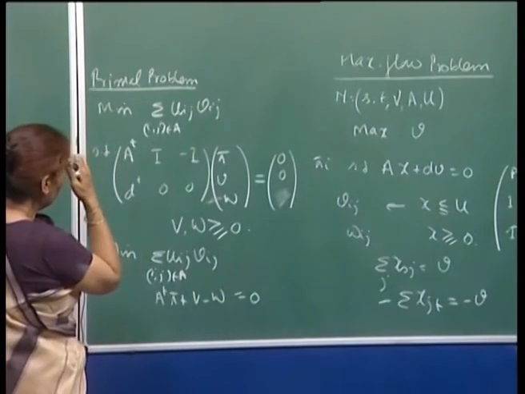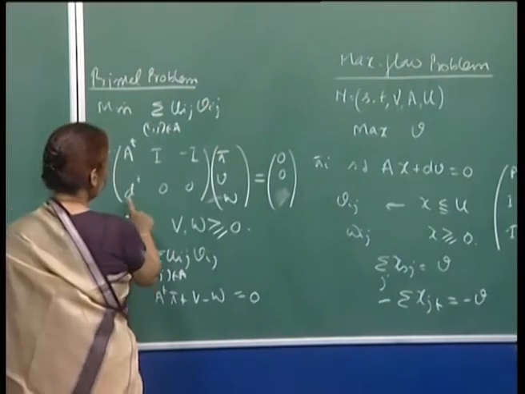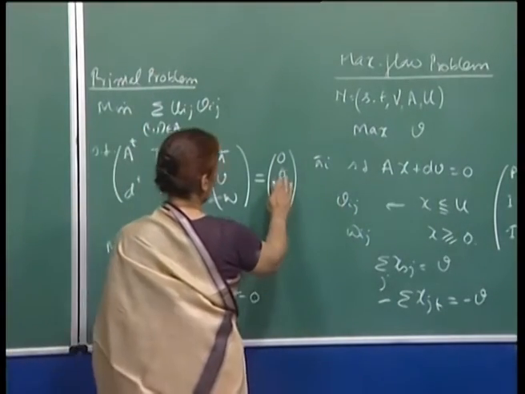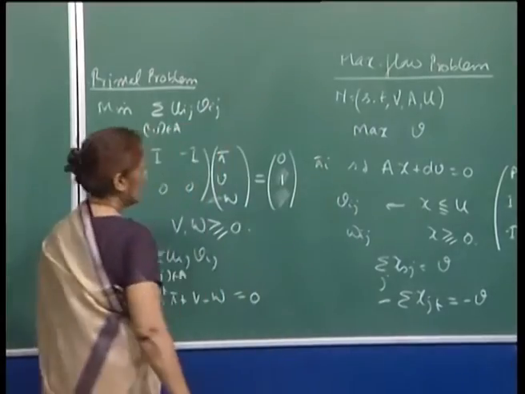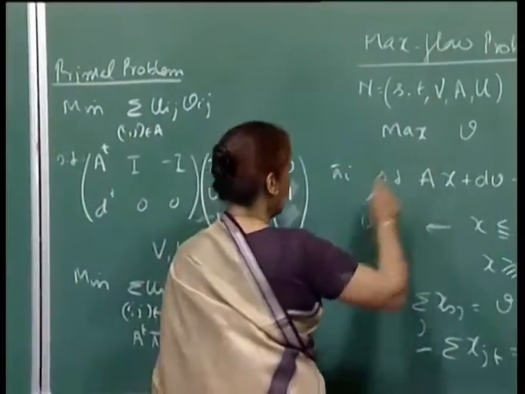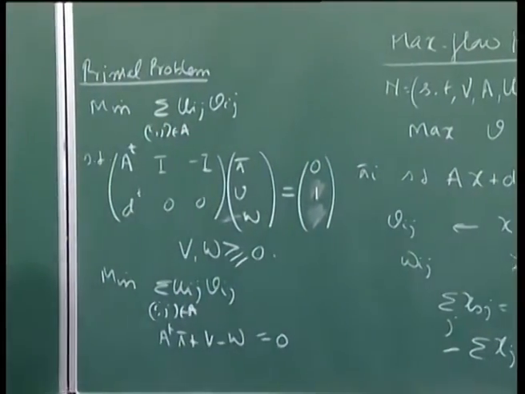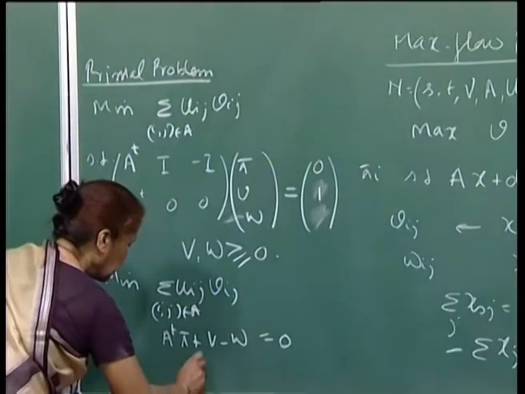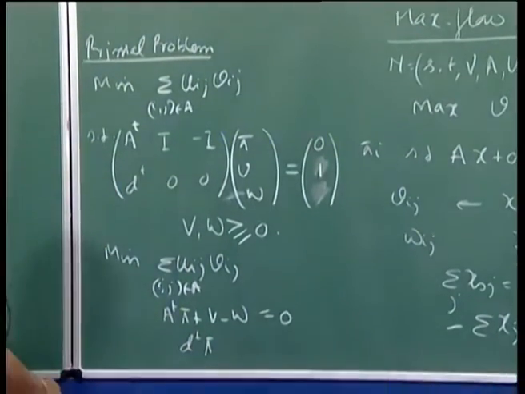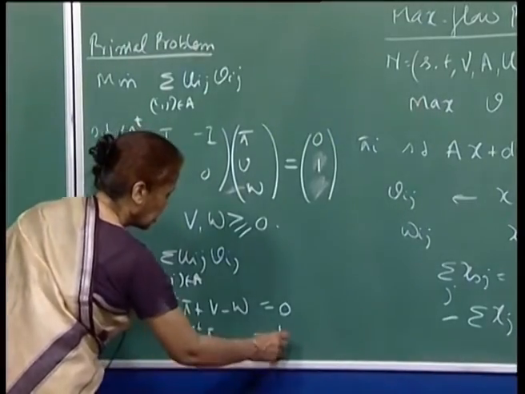For the V, this thing is 1, because the coefficient here is 1, right. So we have that D transpose pi is equal to 1.